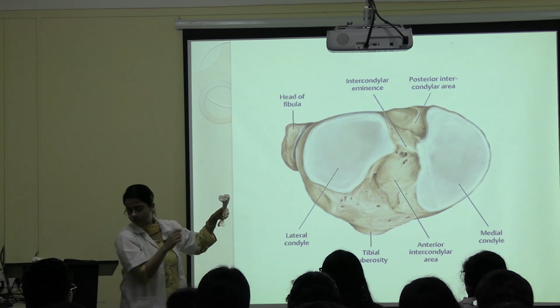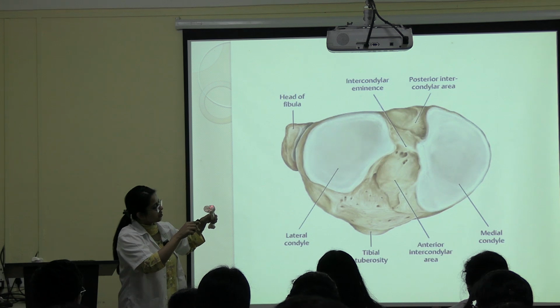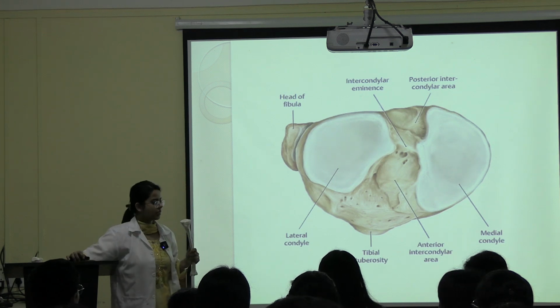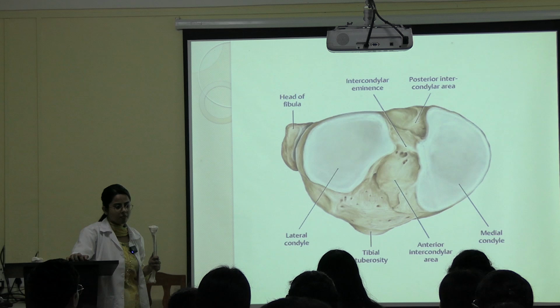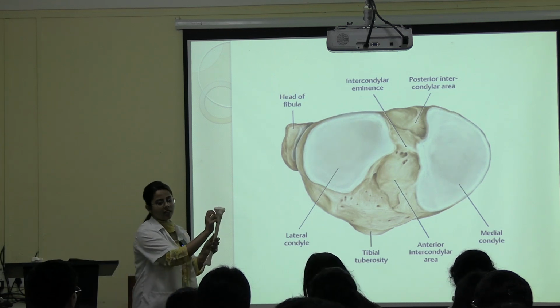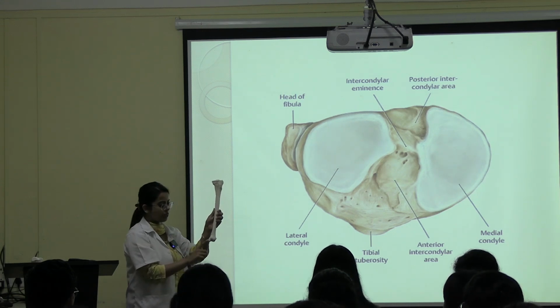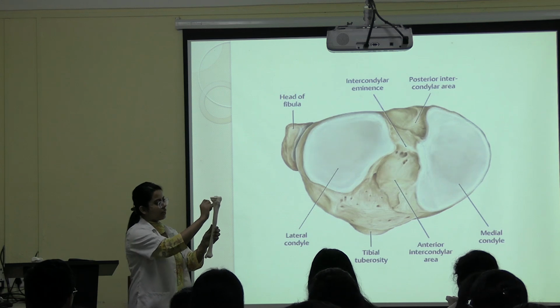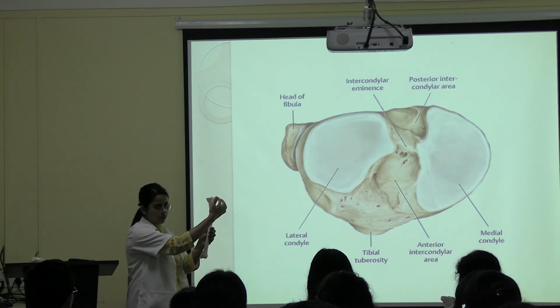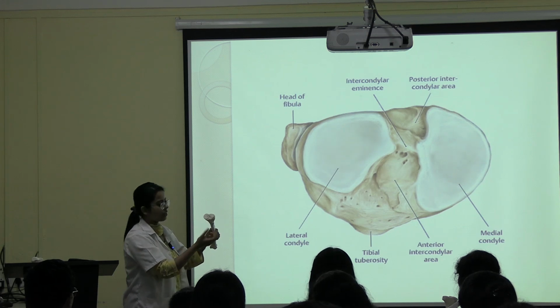These two projections are the intercondylar tubercles. So this is which condyle? If you have to see the medial malleolus. This is the medial condyle, this is the lateral condyle, this is which area? Intercondylar area.